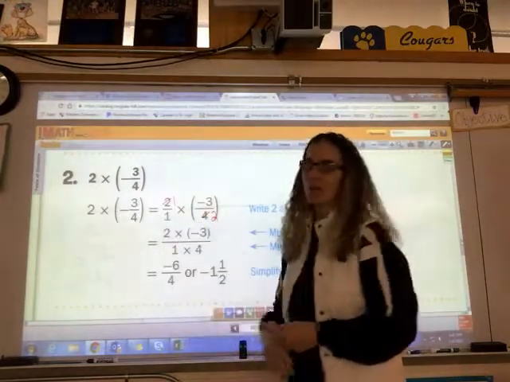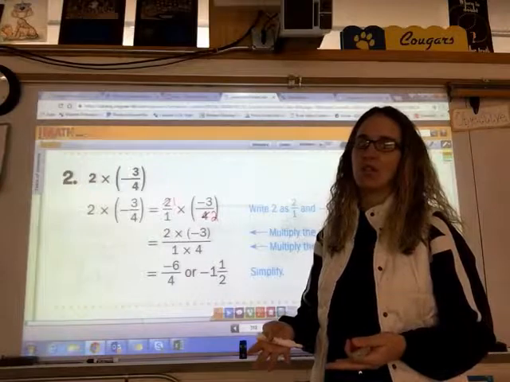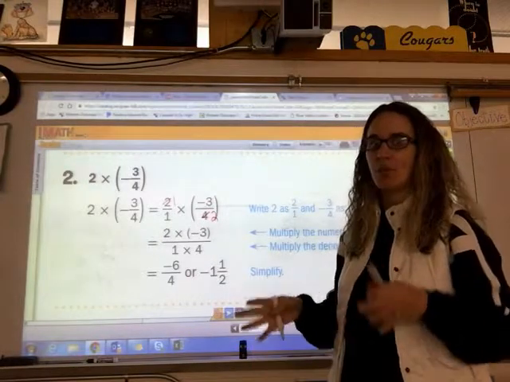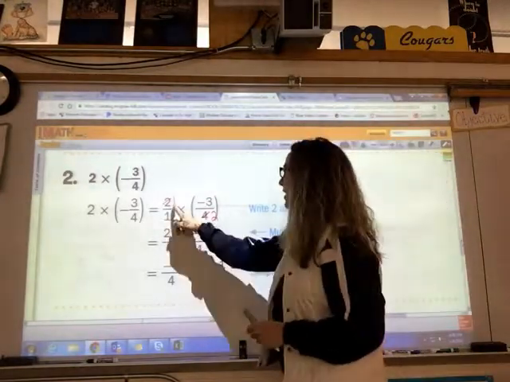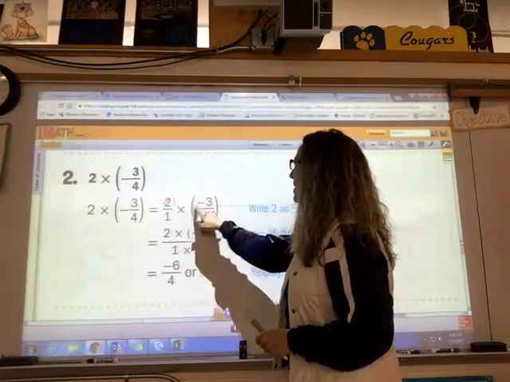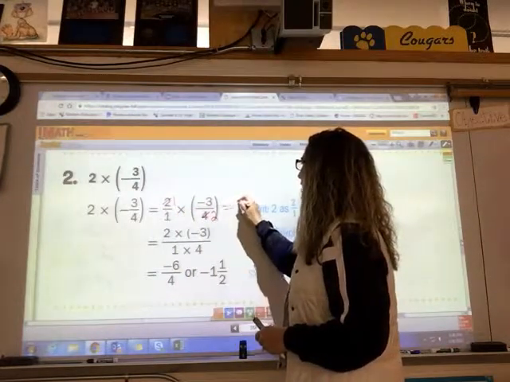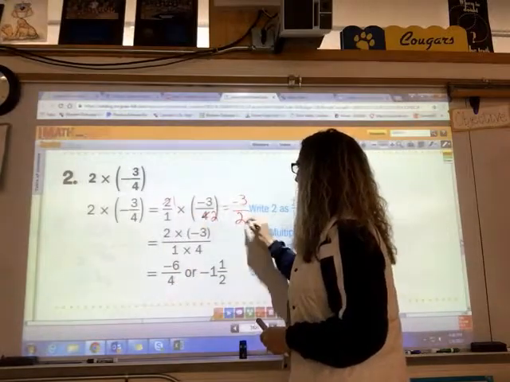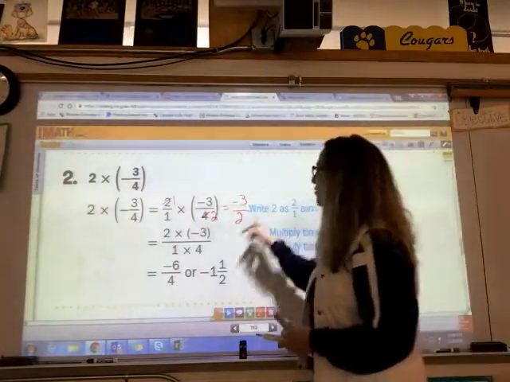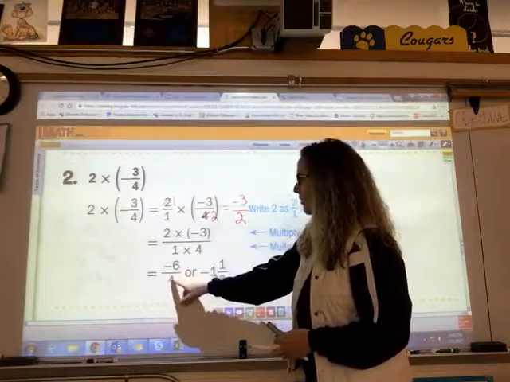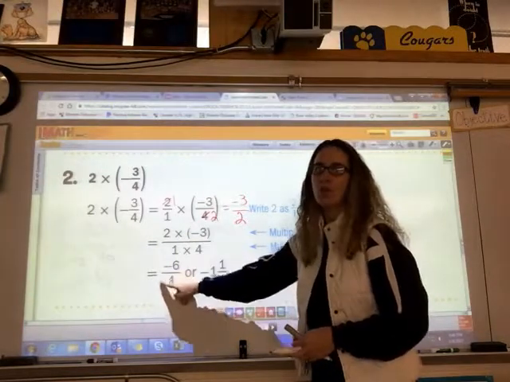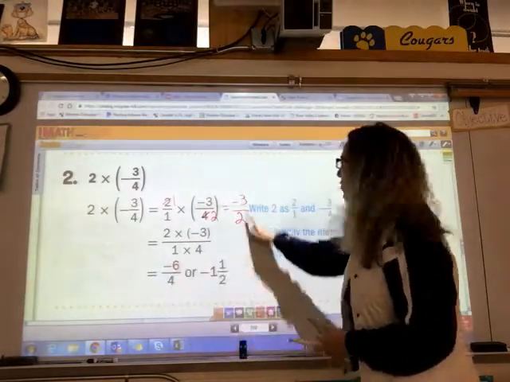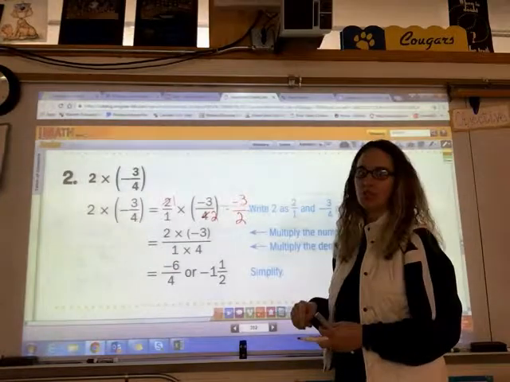Then I'm going to look at the other two. I've got 1 and -3. There's not a factor that's going to go into both 1 and -3, so we're going to leave that. Then I'm going to multiply straight across. 1 times -3 would give me -3 over, and then I have 1 times 2 is 2. Okay, now you can see your book did not cross-reduce, so they came up with -6/4, which if you think about it, -6/4 is going to be the same as -3/2.